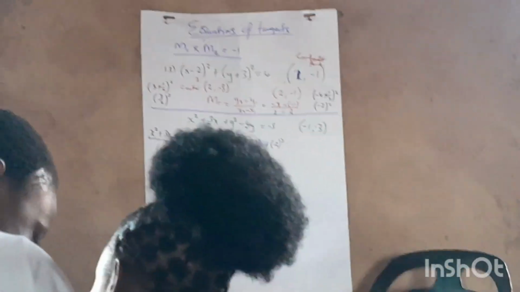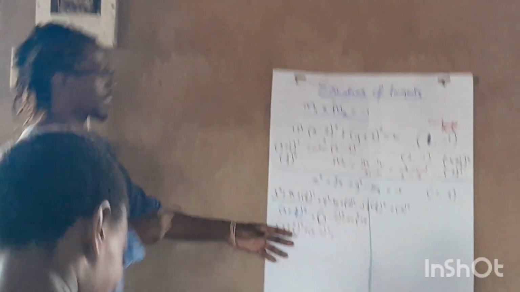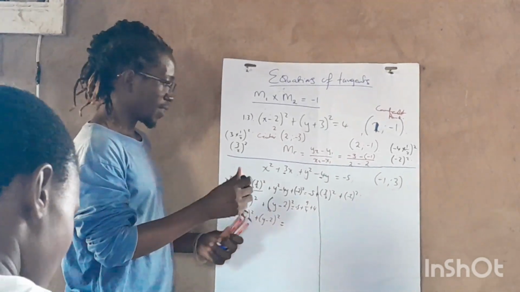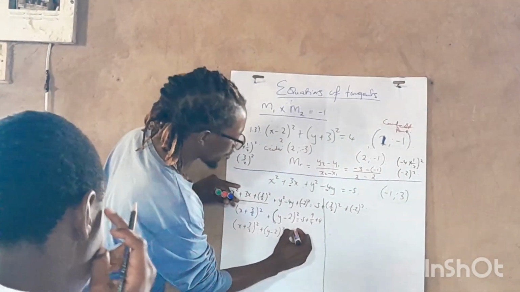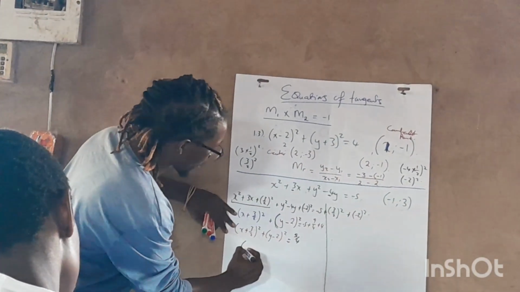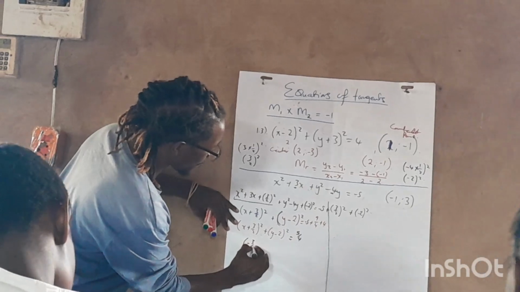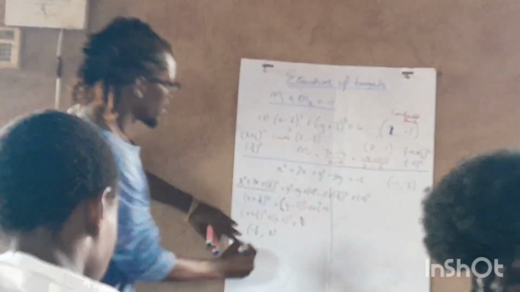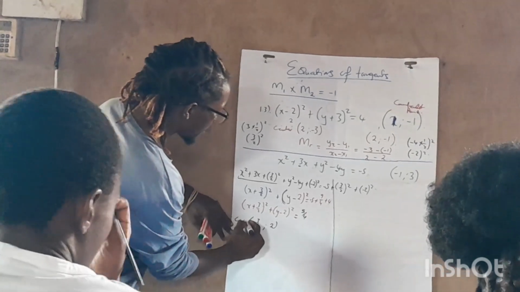So let's continue, right? So this gave us 5 over 4, equals to 5 over 4, right? So it means that our center is negative 3 over 2 and 2, right? So this is the point of the center.